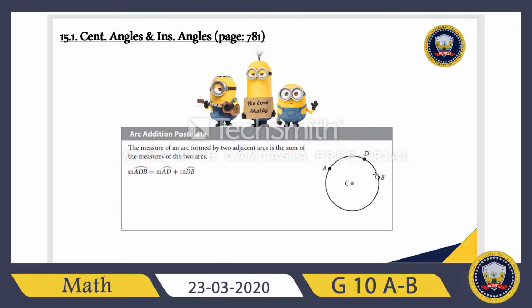All right, it's addition. Two adjacent arcs, their sum is equal to the total arc, which is AB. So the measure of AD plus the measure of DB equals the measure of AB.